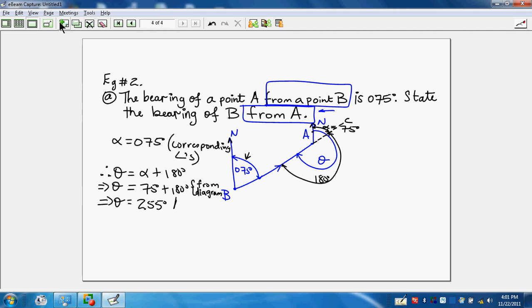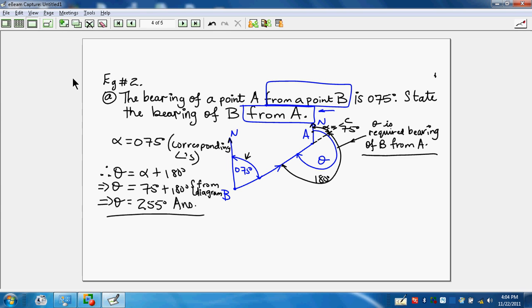And therefore, this would be our answer that they were looking for. So theta, the angle theta, was the required bearing of B from A.